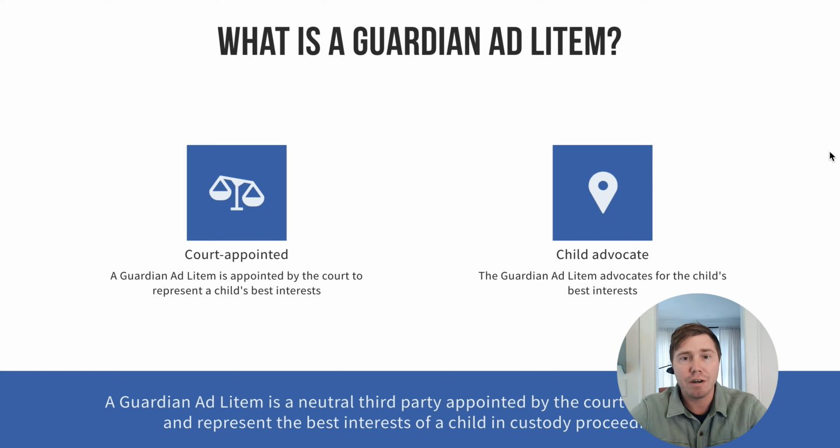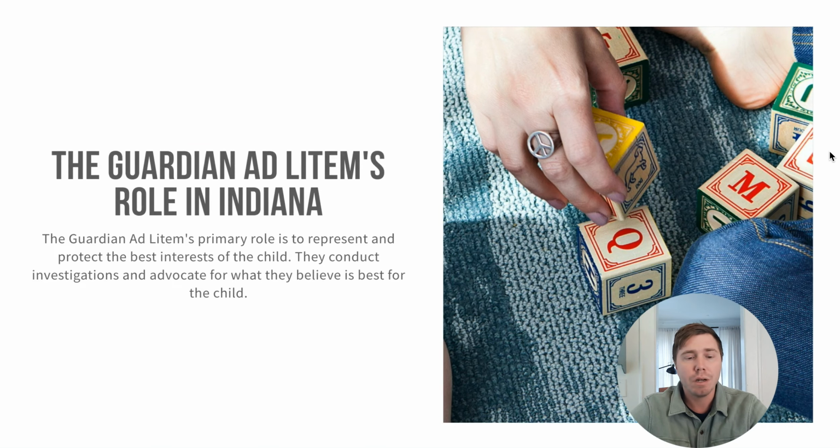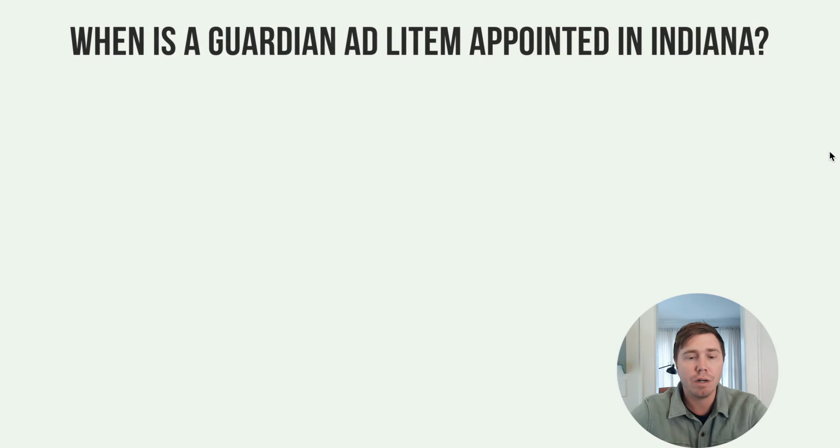So ultimately, there is the individual who goes and talks to the child and interviews the child and represents their interest, and they're oftentimes even represented by an attorney who's then that person's advocate in court. And they can be court-appointed, and they're appointed through several different ways, and we're going to talk about that. But their role essentially is to represent the child's interest and look out for their best interest. And what they'll do is generate a report and make recommendations to the court.